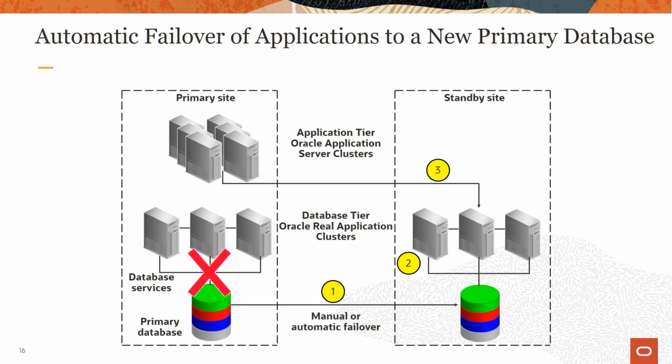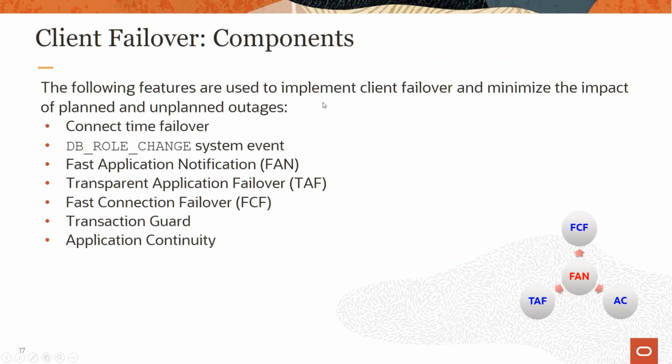Now, in order to support an application that is connecting to either primary or standby databases, use a service. That way, the client or application can connect to the instance where the service is running in the appropriate database with the correct role.